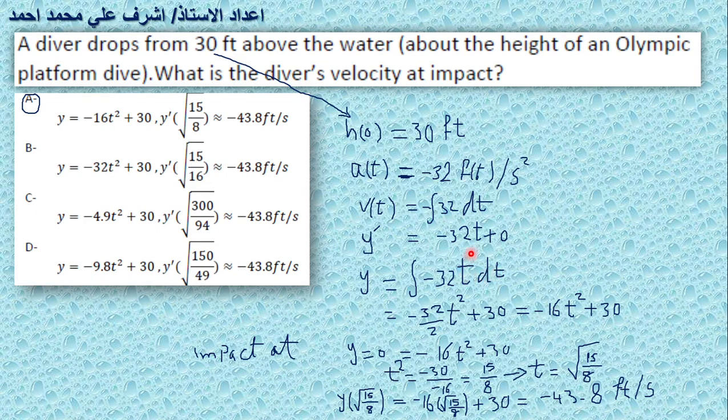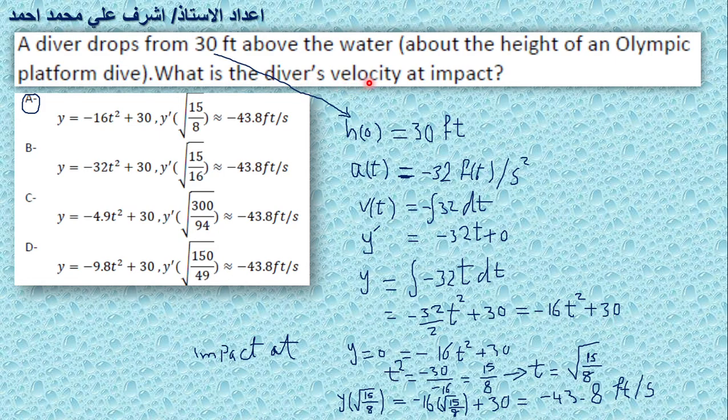We increase the power by 1 and divide by it. Here the power is 1, increase by 1 to get 2, divide by 2, plus the initial height, which is 30 feet. So negative 32 divided by 2 is negative 16t squared plus 30.